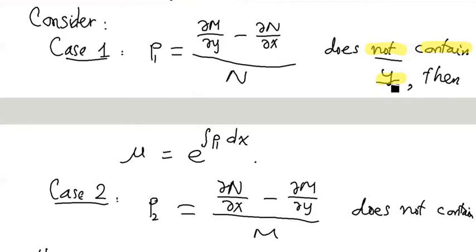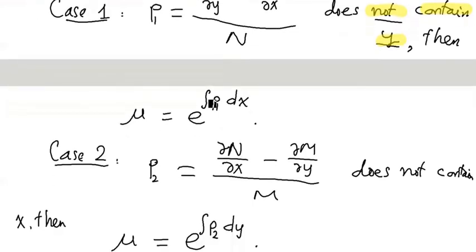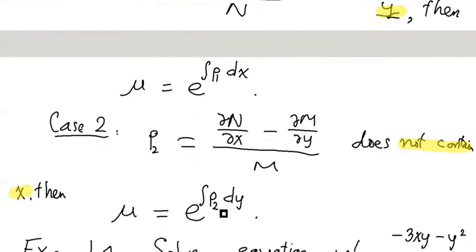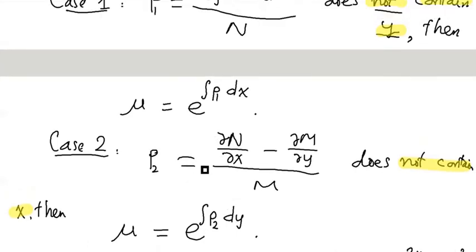If it does not have y, then we can compute the integrating factor, and we continue solving. But if not, then we need to look at P2, and we need to make sure that P2 does not contain x. In that case, the integrating factor is e to the integral with respect to y. The two cases are very different, so you need to be careful. If you mess them up, then you will get the wrong solution. You cannot even solve it.